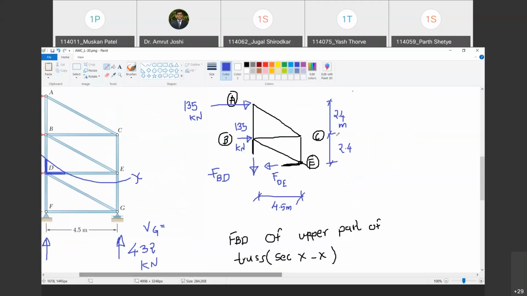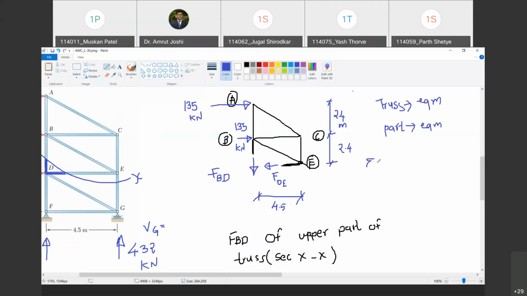If the entire truss is in equilibrium, so its part also must be in equilibrium. Are you with me? Yes, sir. So therefore I can apply equations of equilibrium to this FBD as well. And what are the equations of equilibrium? Tell me. Summation Fx equals 0.